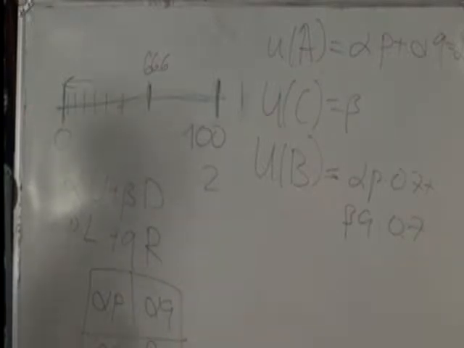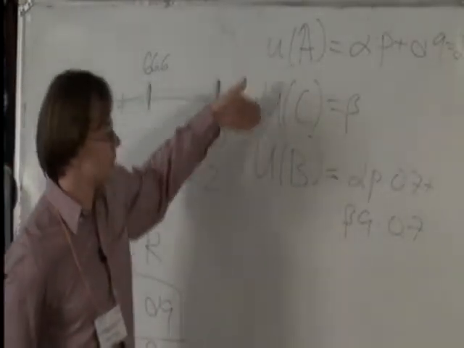Yeah, this is right. So it sounds like playing strategy B is an irrational thing to do, because if you play A or C, you get higher payoff than you could possibly get from playing B.